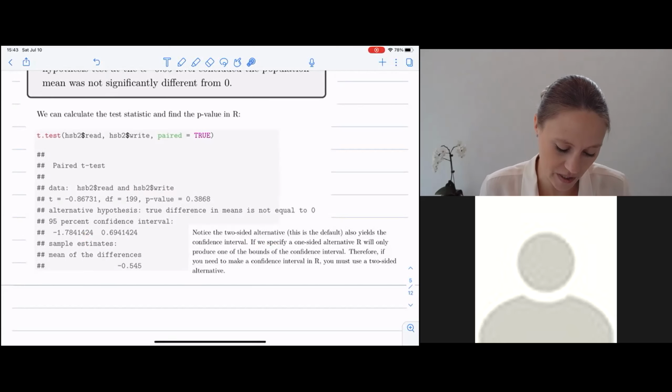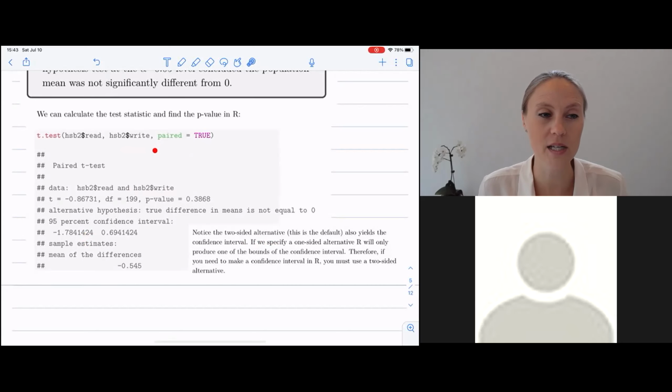Just as a side note, if you are trying to follow along in R, you do have to have a two-sided test for it to generate a confidence interval, otherwise it won't do it. But that's the default, so it'll just do it.